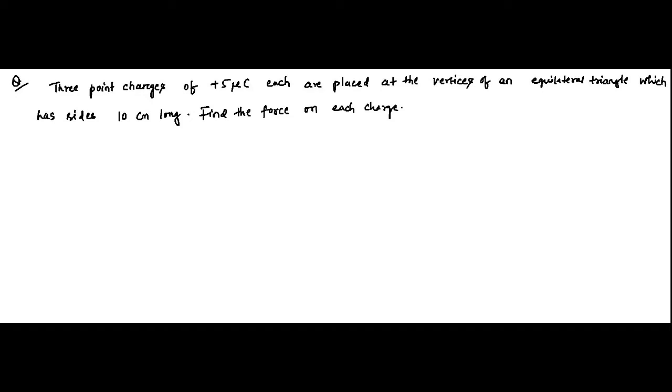Okay, so let us try to draw the diagram from the data which is given. Let us say we draw an equilateral triangle with vertices A, B and C, with plus 5 microcoulomb, plus 5 microcoulomb, plus 5 microcoulomb.